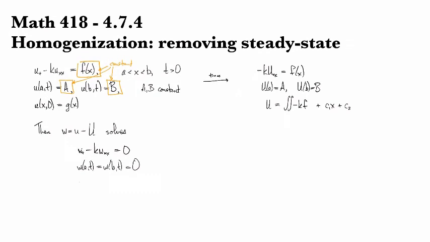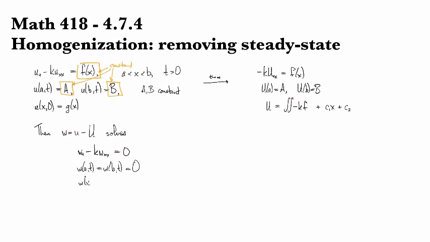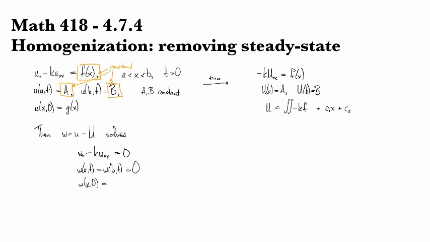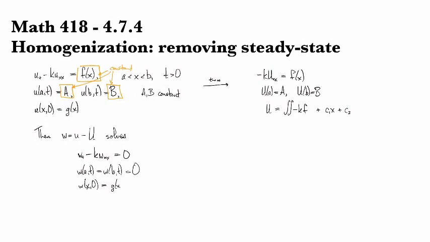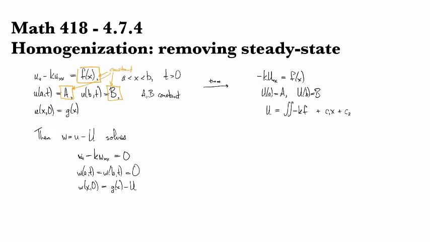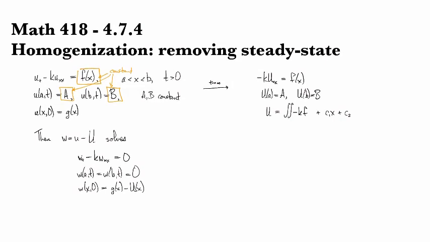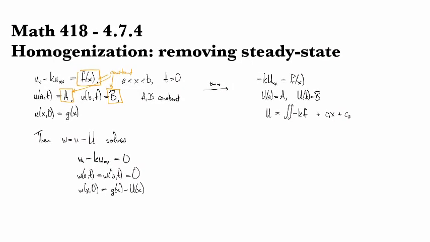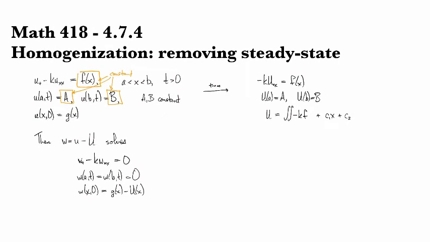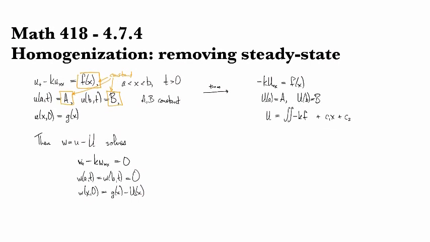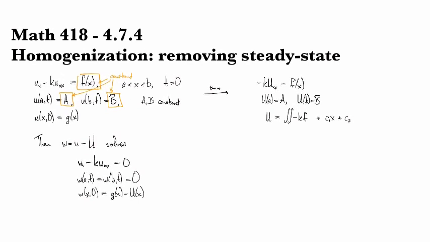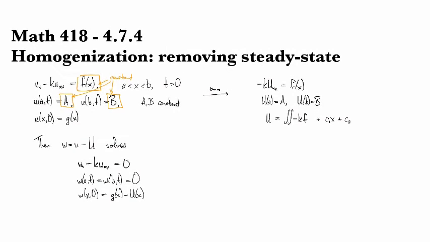And then the initial condition changes to being w(x,0) equals g(x) minus U(x). So we subtract out the equilibrium solution from the PDE and then also from the initial values.